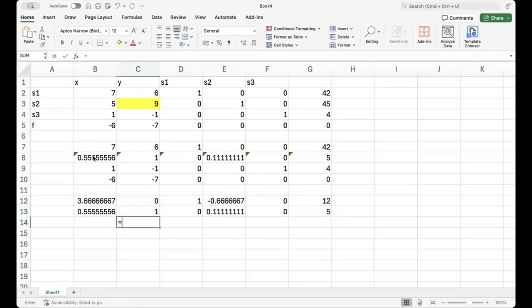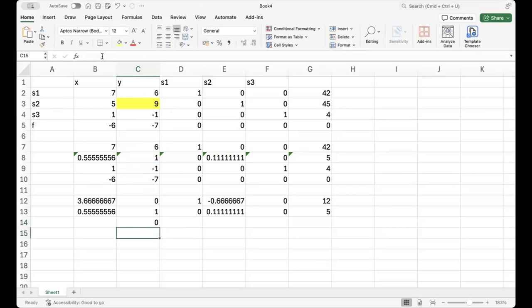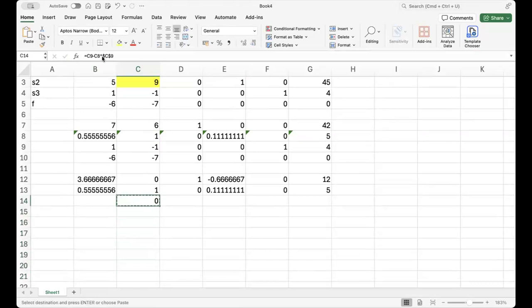And for the next one, this element must be 0, right? So we start from this one, subtract by this element. No, not that row, this row, times this element. Good. So we copy it.